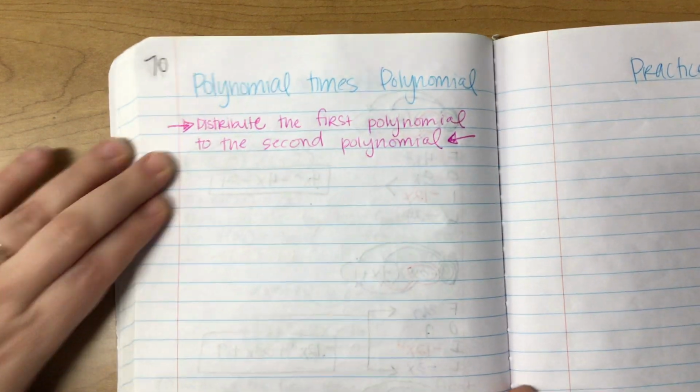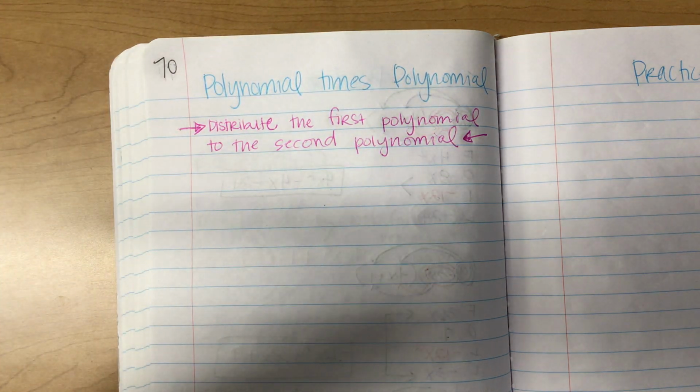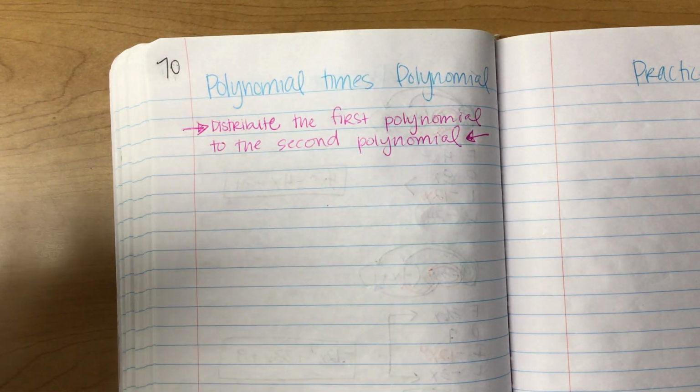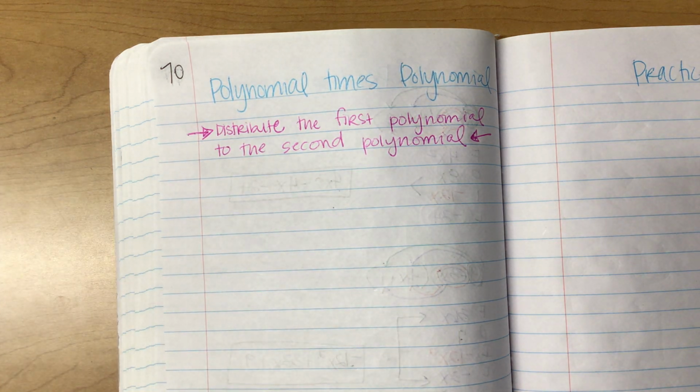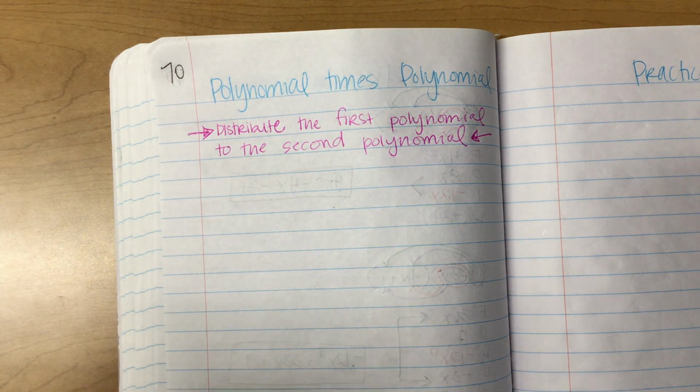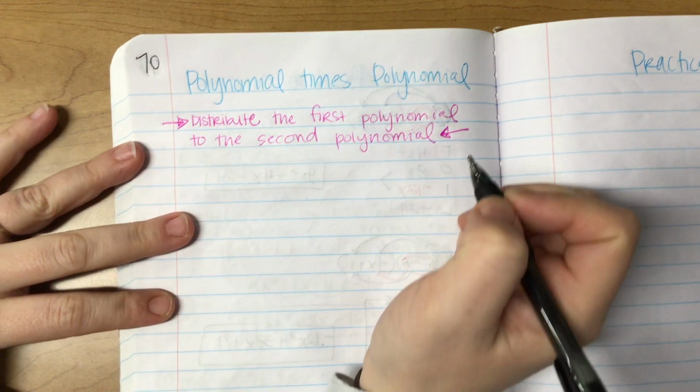So we can use the distribution process. We just don't have the term FOIL. FOIL only works for a binomial times a binomial. So we can't write out FOIL and do the acronym. We have to make this chain of numbers.